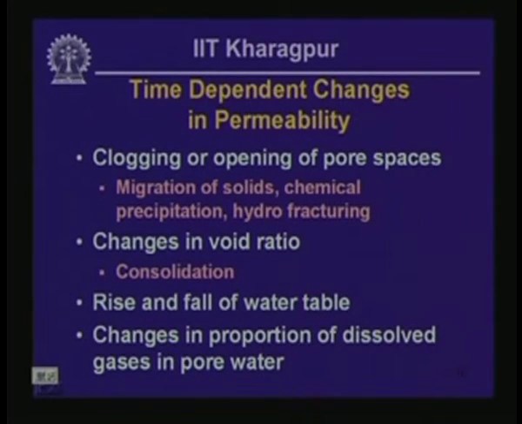Third thing that you need to consider in order to account for time dependent changes in permeability is rise and fall of water table. When the water table rises, the amount of vadose zone or the thickness of vadose zone is going to decrease.